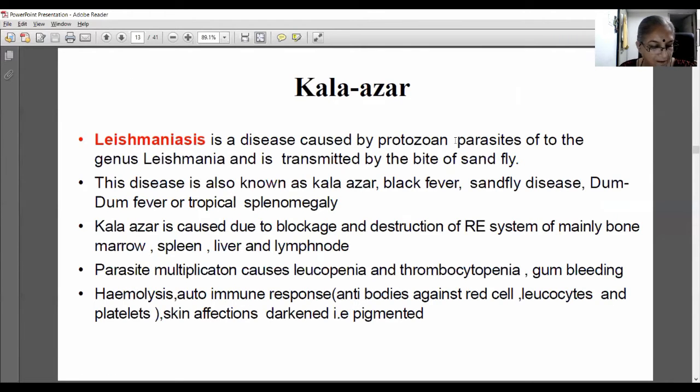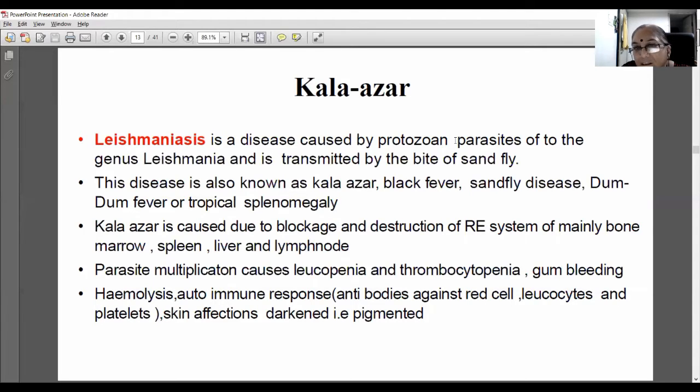Now, Kala-Azar, also known as visceral leishmaniasis, is a disease caused by the protozoan parasite of the genus Leishmania and transmitted by the bite of the sandfly. It is known as Kala-Azar or black fever in India.